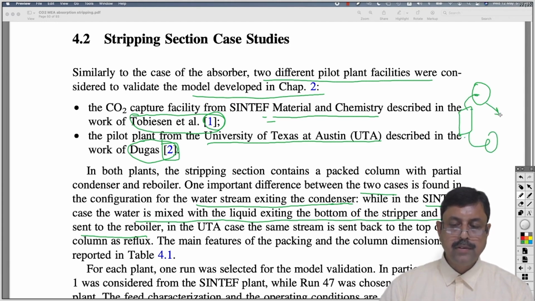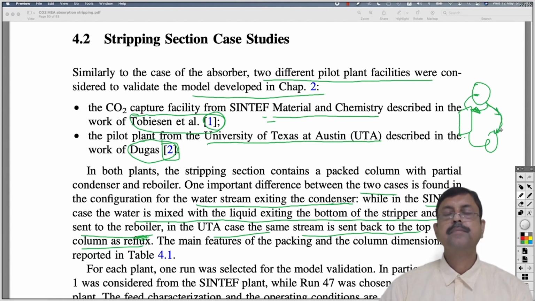So this liquid stream is added with the reboiler. It is sent to the reboiler. Okay. And in UTA case, the same stream is sent back to the top of the column as reflux. So in UTA case, it is given like this. And for the first case, it is sent like this.